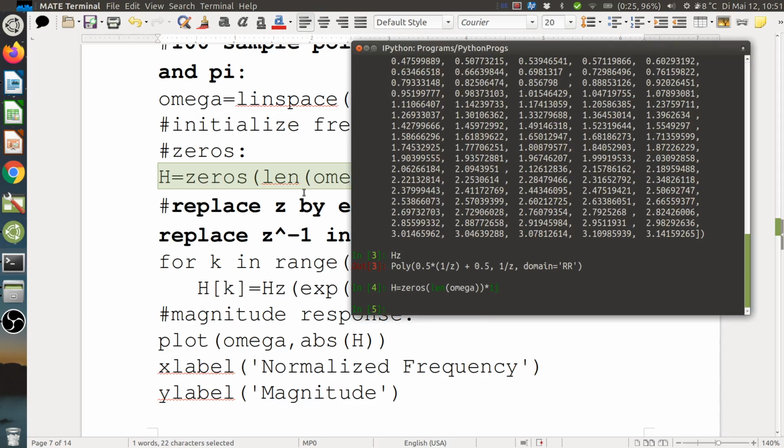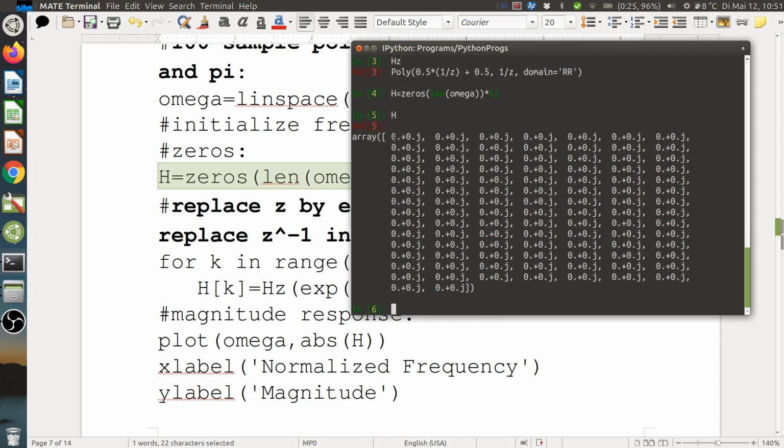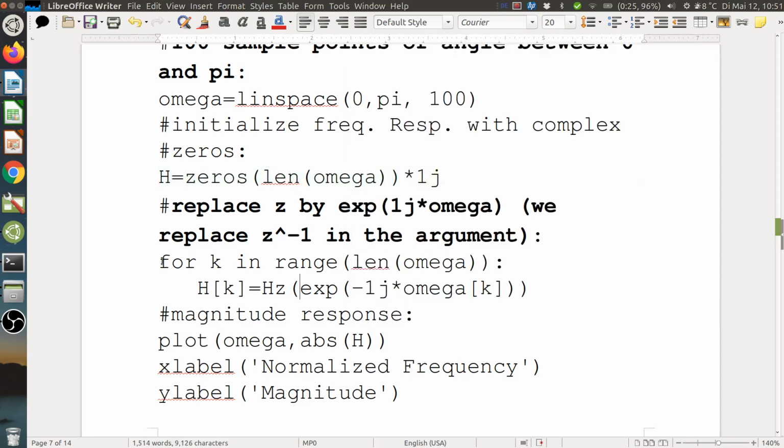So now I have complex zeros in it, so you can take a look. It's 100 complex zeros. And I need to initialize it with complex zeros, otherwise we would have a type conflict. Yeah, and then I can execute this for loop.